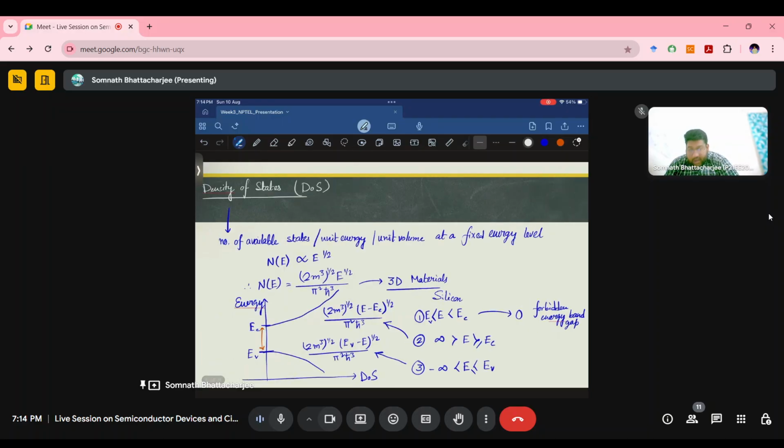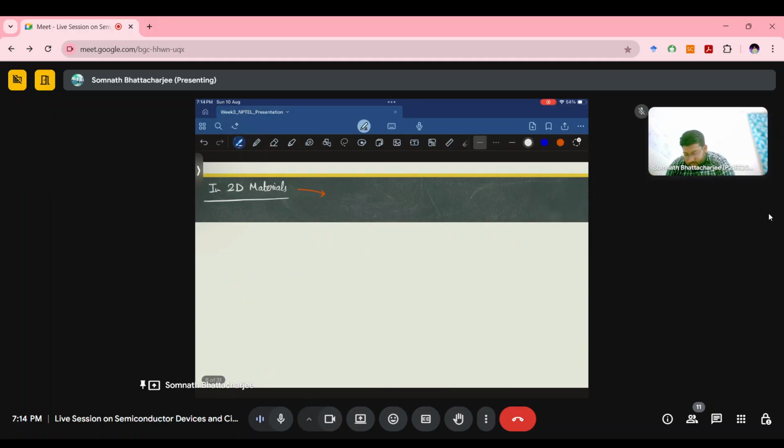In 3D we ascertained that it is the number of available states per unit energy per unit volume, whereas in 2D materials it would be the number of available states per unit energy, which remains the same, but per unit area. The value we get from this is Ne equals m by pi h cut square.